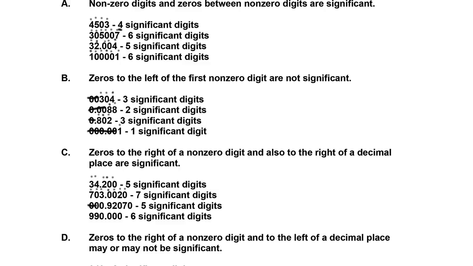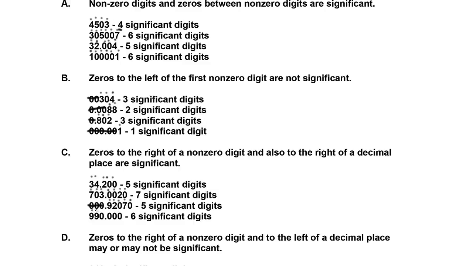Here, these zeros are not significant. And this one and this one and this one are. And this 0 is significant because it appears between two significant digits. And this 0 is significant because it's at the end of the number and to the right of the decimal place. Okay, 990.000.